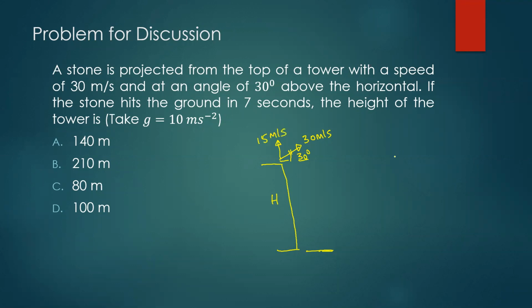Then I can simply use s is equal to ut plus half a t squared. I'll consider the upward direction as positive, so any vector pointing upwards is positive.